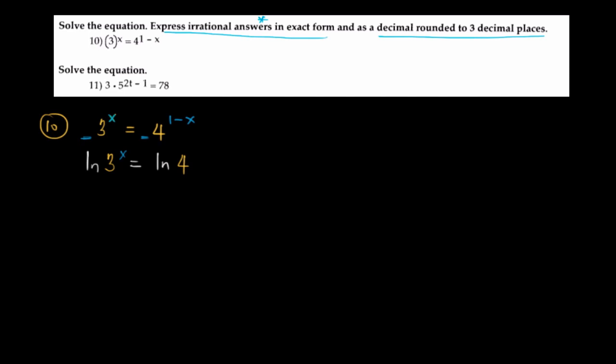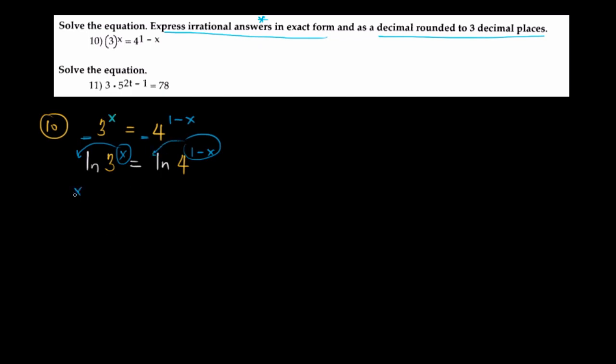Just want to make things a little fancier so that you clearly understand the way the whole thing moves. When you take the ln of both sides, you observe that the ln has a base of e. So by the law of logarithm, we need to bring the power x to this side, and then you have ln of 4 to the power 1 minus x. By the law of logarithm, we need to bring this to the other side there.